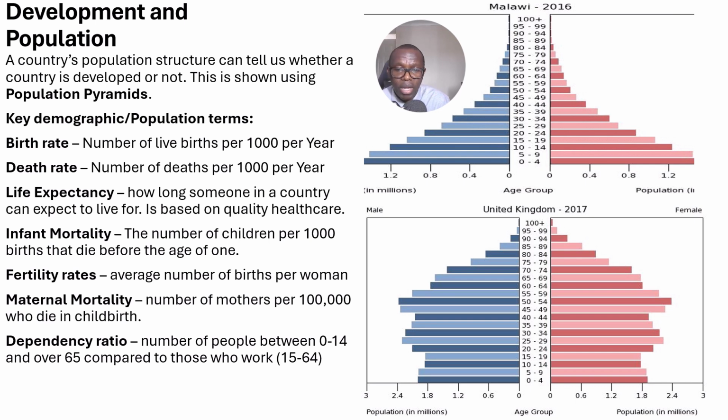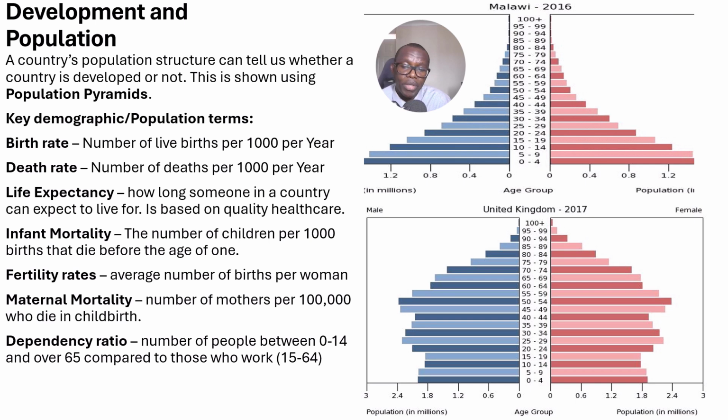Now that implies that Malawi has a high birth rate, and countries that have a high birth rate are likely to be countries that are not as well developed. So these are LICs, or low income countries. And high birth rates could imply that in the country people do not have access to contraception, for example, and that could indicate that that country is poor.